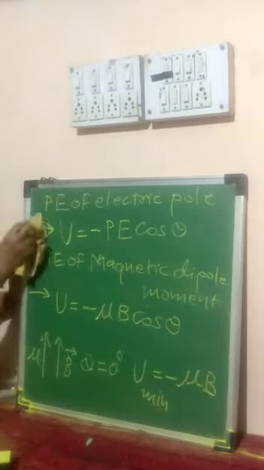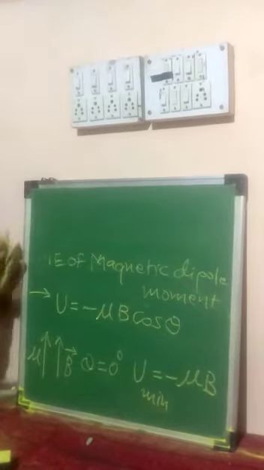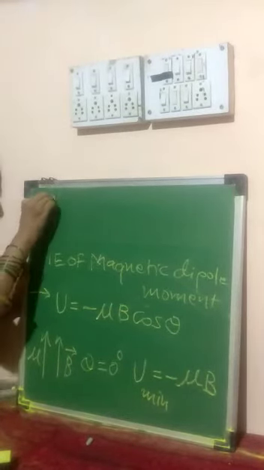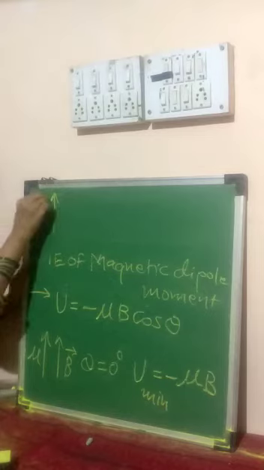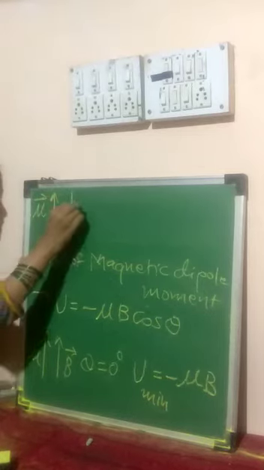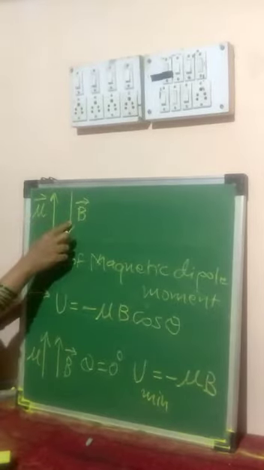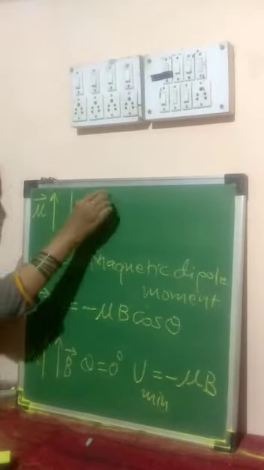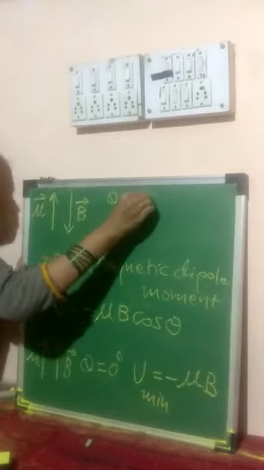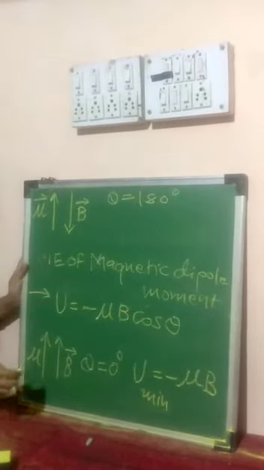But if we take the reverse case, the direction of the magnetic dipole moment and the direction of the magnetic induction are anti-parallel to each other. Anti-parallel means theta is equal to 180 degrees.